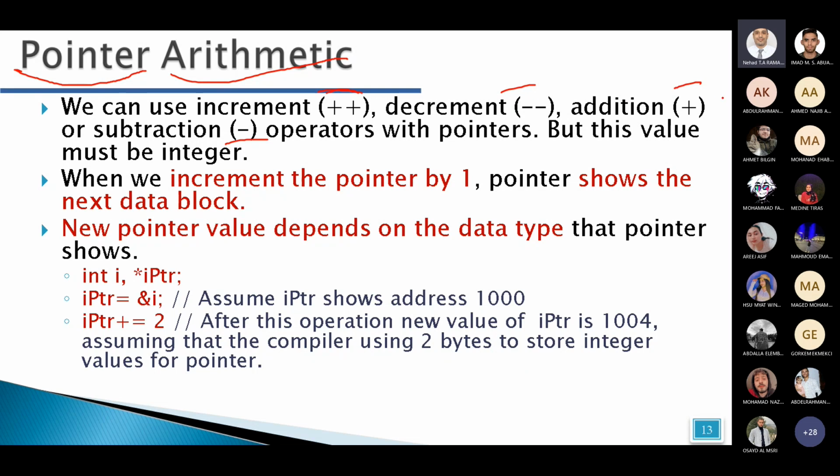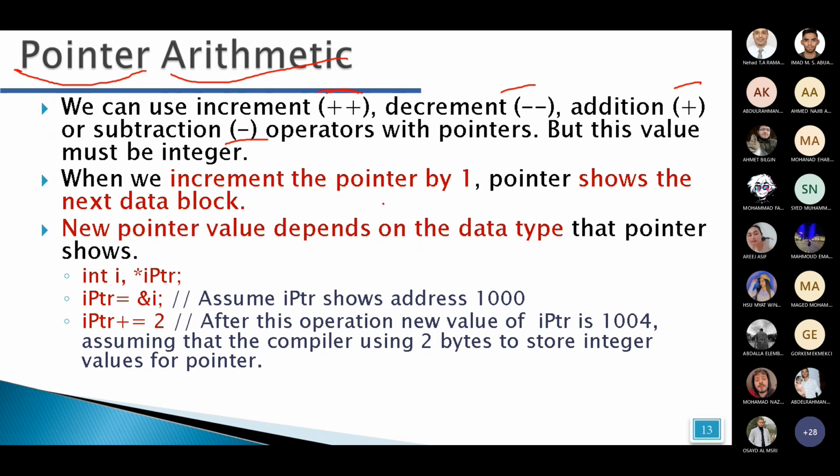Addition, we could add any value. Subtraction means we could minus any value. Minus from where and add for where? It depends on whom you will minus or add for. Maybe for the address of the pointer, maybe for the value pointed by the pointer.